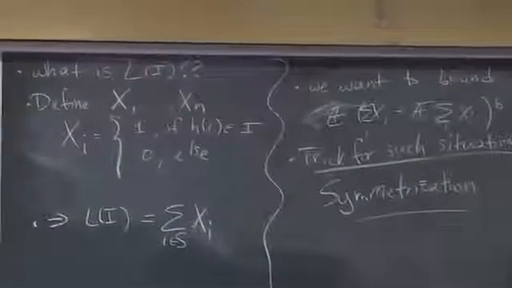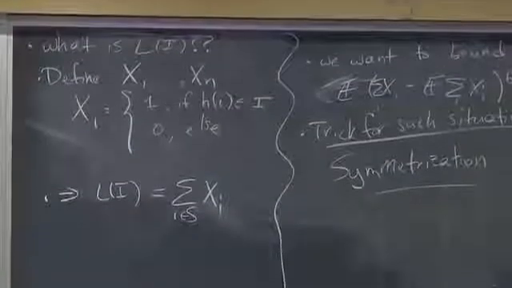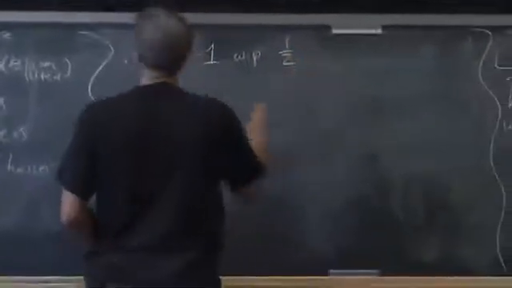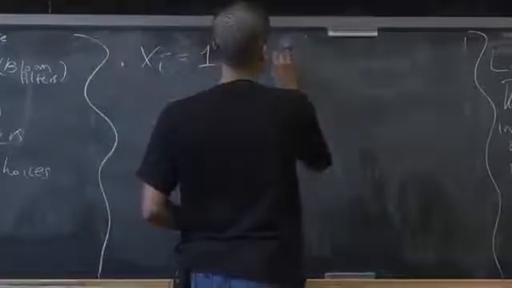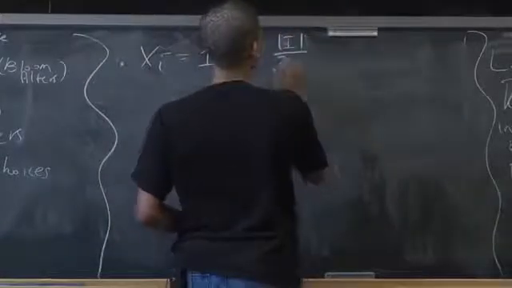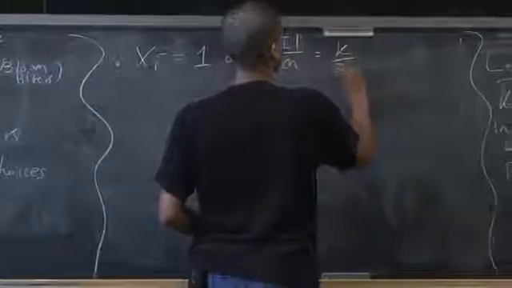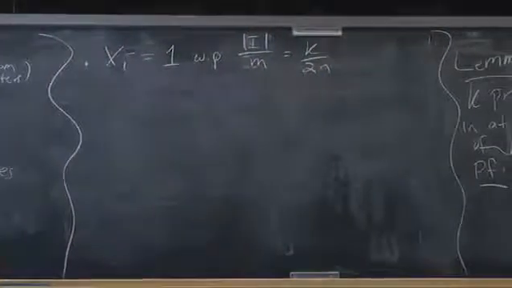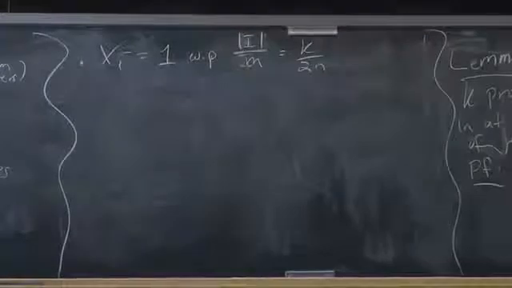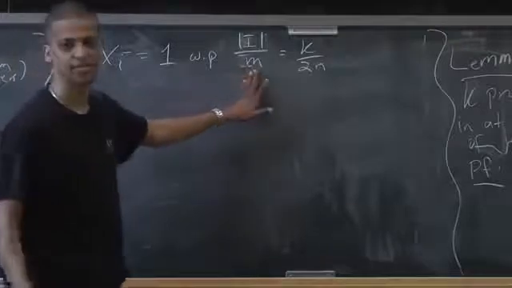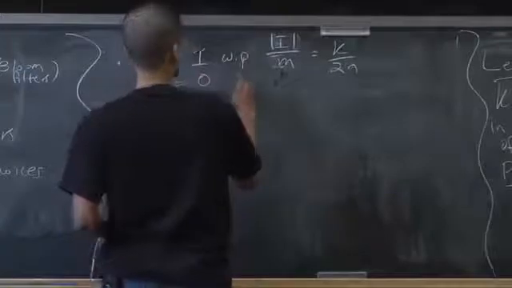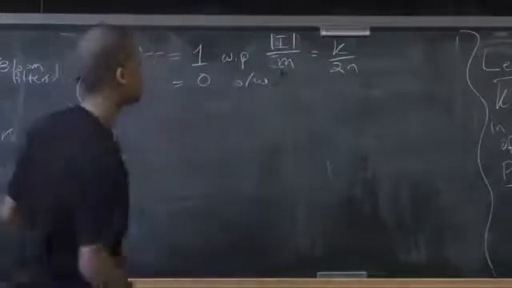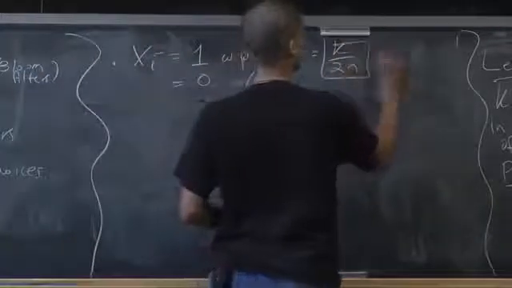So in particular, xi is equal to 1 with probability the size of I over m, which is, let's say, k over 2n. What's the probability you hash to an interval of length k in an array of size m? It's this. And it equals 0 otherwise. So let me just call this number p.